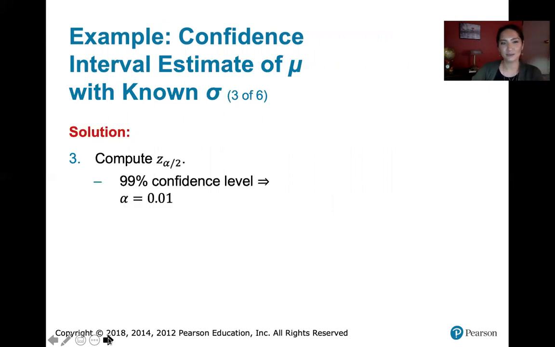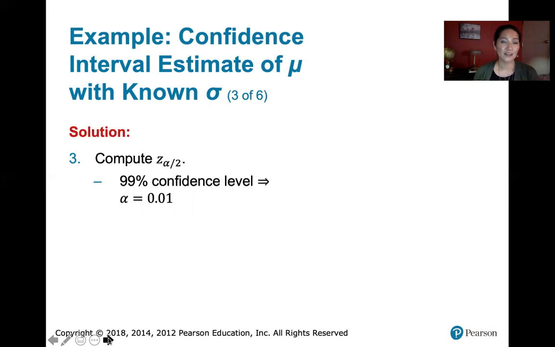Now, there are lots of ways that we can do this, but first thing I would do is find the alpha value. When you have a 99% confidence level, you're looking for 99% of common values of that sample mean x bar when you're looking at the sampling distribution of the sample means x bar. So we want 99% of those values in the middle.